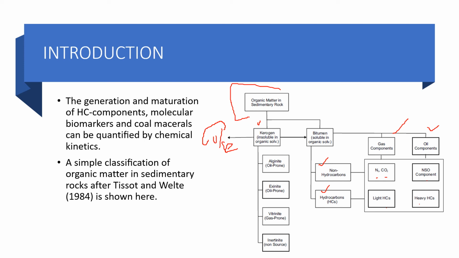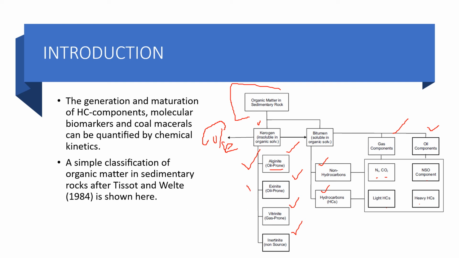In the meantime, from kerogen, you could end up getting a whole series of names which are very familiar in coal geology, which is alginite, exinite, vitrinite, and inertinite. So now if you look at it step by step, alginite is basically oil prone. Okay, this is definitely oil prone.